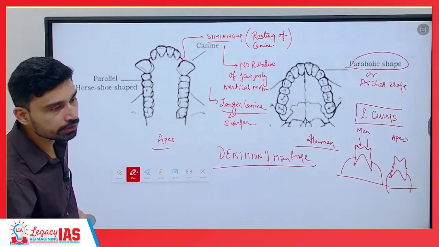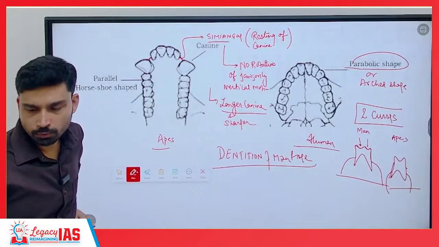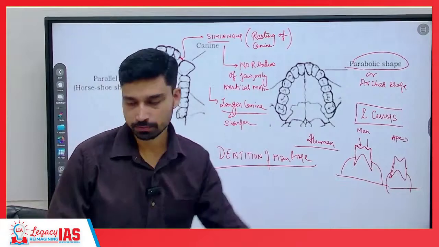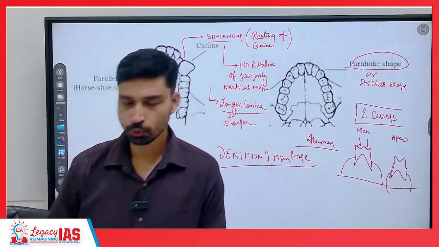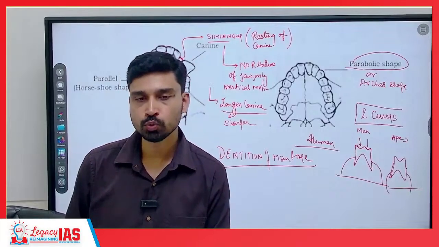Then about molars, we can write. In molars, both apes and humans have two cusps.